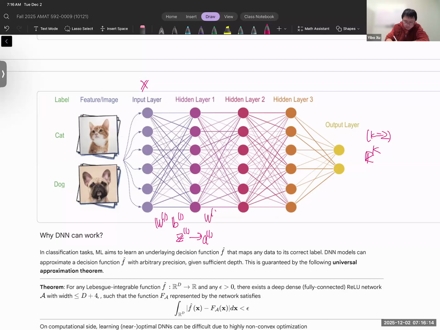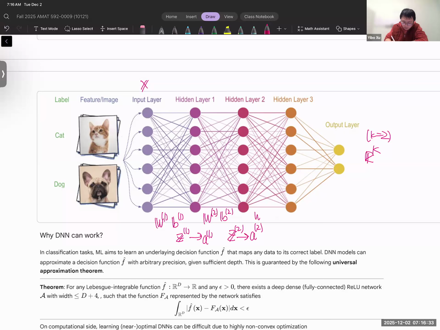Then you play with W2, B2, which gives you the pre-activation vector, then the activation gives you A2.